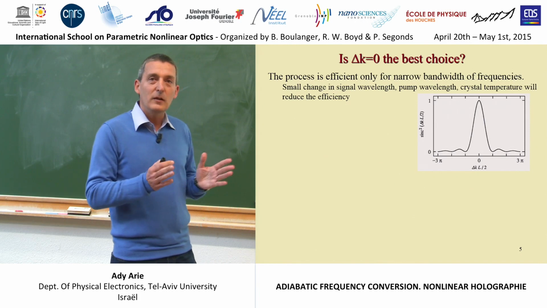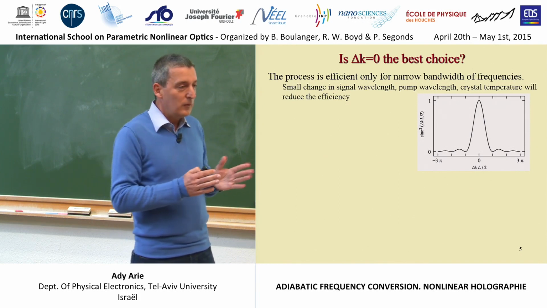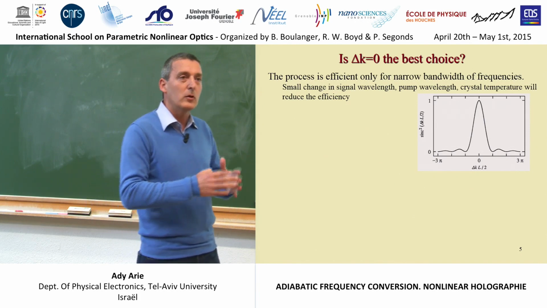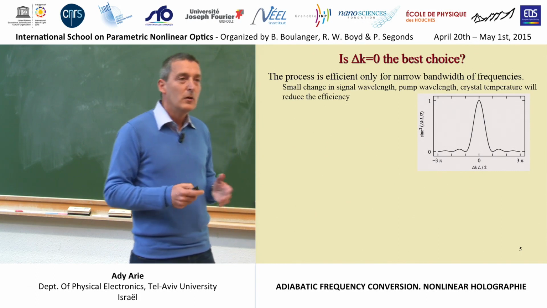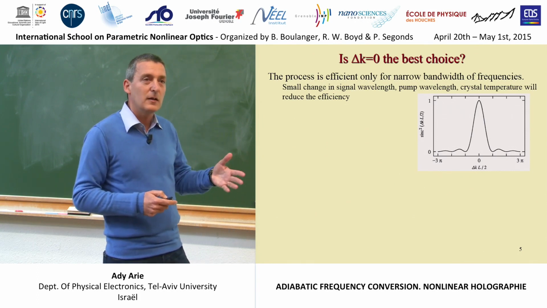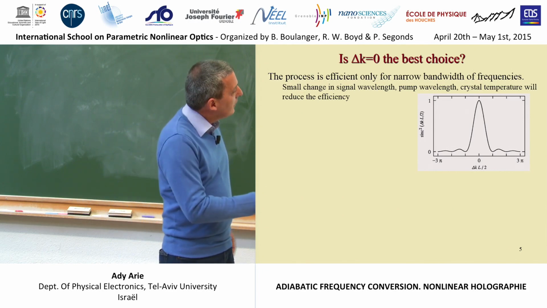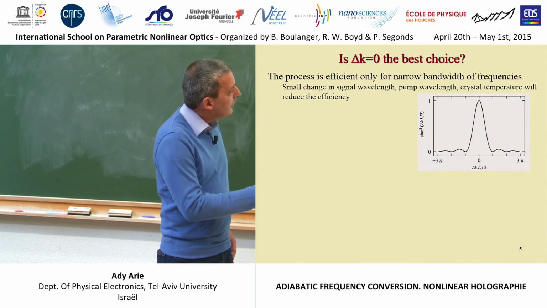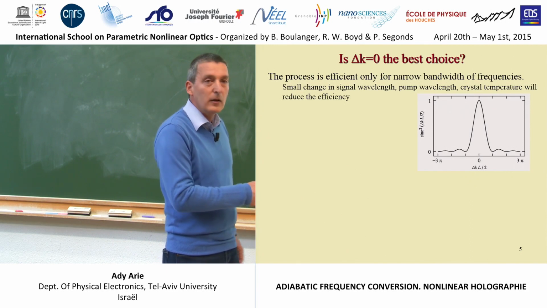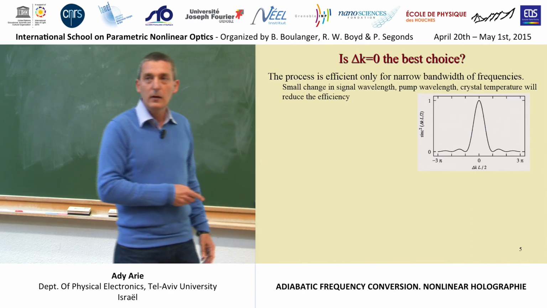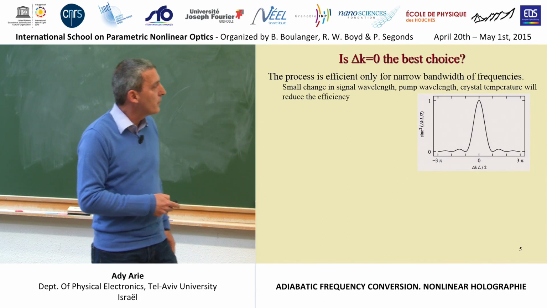But let's say we have some change in the wavelength. It could be because our source is broadband, or we can have some change in the crystal, let's say a temperature change or an angle. Then we are already moving out of this optimum point. And this is usually a very narrow line. So this is a problem.